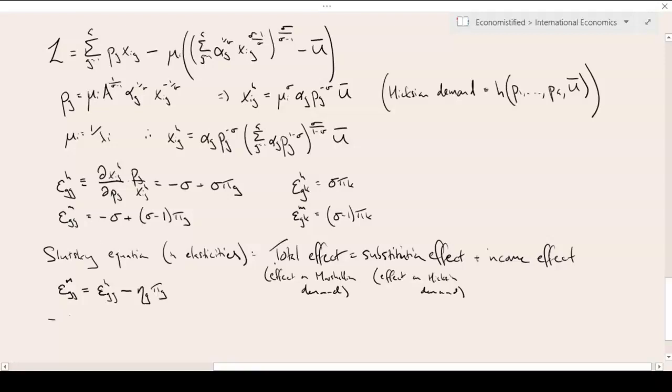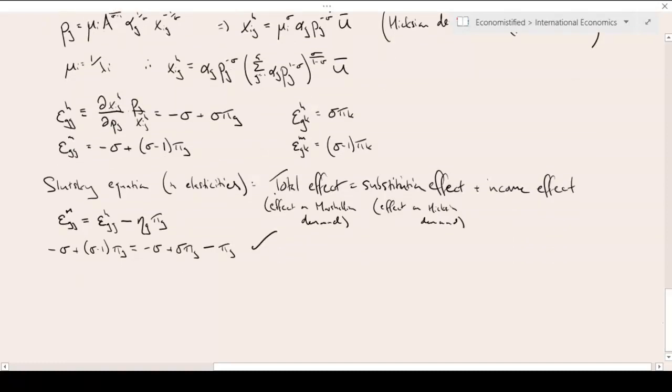For the Marshallian, we have minus sigma plus sigma minus 1 times pi_g equals the Hicksian, which was minus sigma plus sigma pi_g, minus eta, which was just 1, pi_g, and so we can see they're very clearly the same.